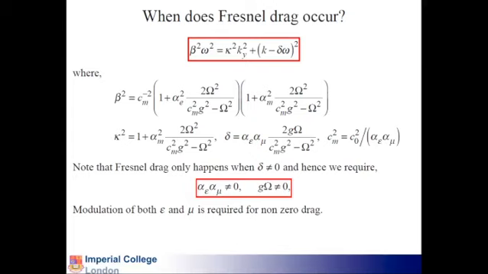And if you see this expression here, which is in terms of the frequency and wave vector of the grating and the modulation amplitudes of epsilon and mu, what turns out is that you have to modulate both epsilon and mu in order to see this drag.